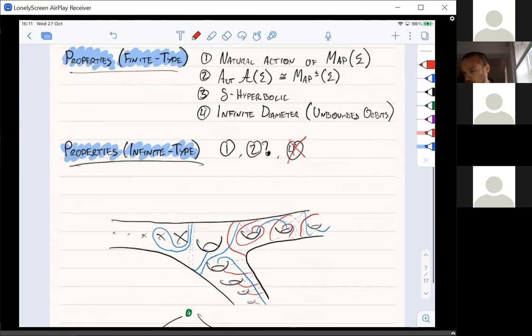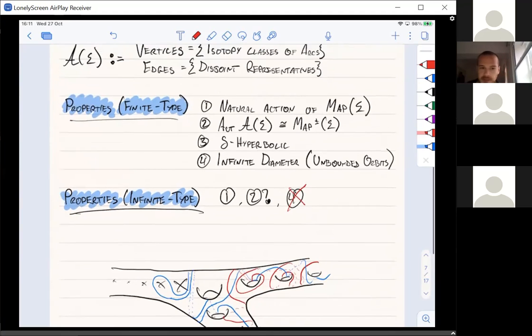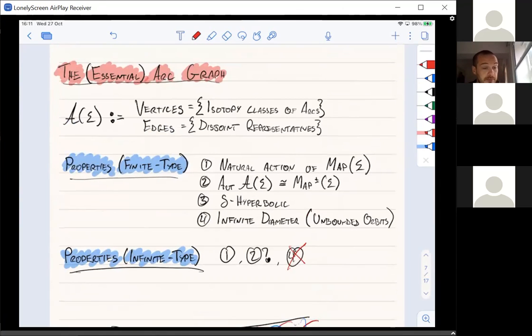Sorry, Alan, do you take the vertices to be truly essential arcs for this graph? Well, for finite type surfaces, it's the same thing. For the infinite type, I'm just taking every essential arc for now.